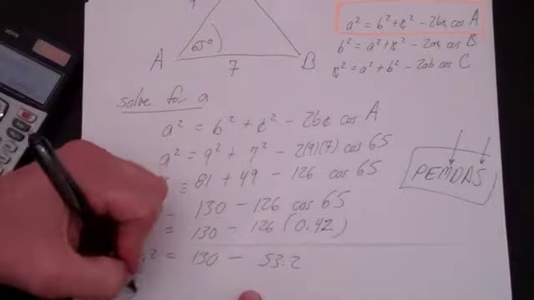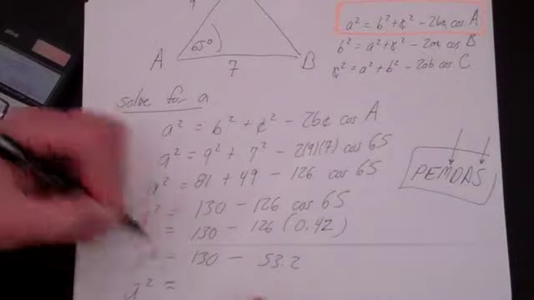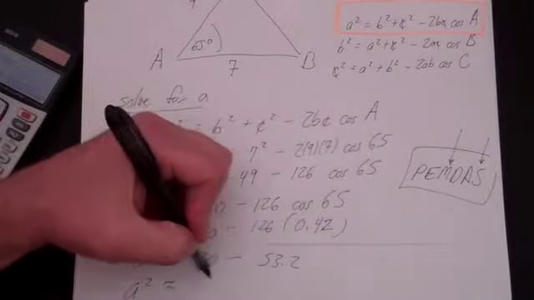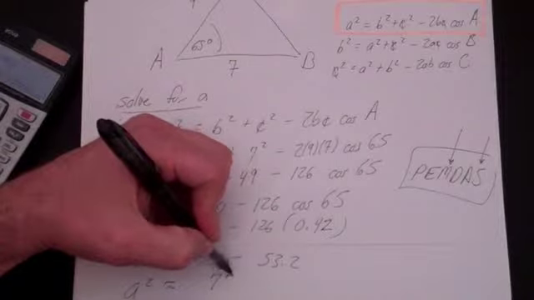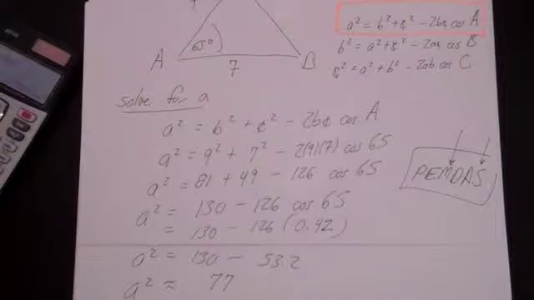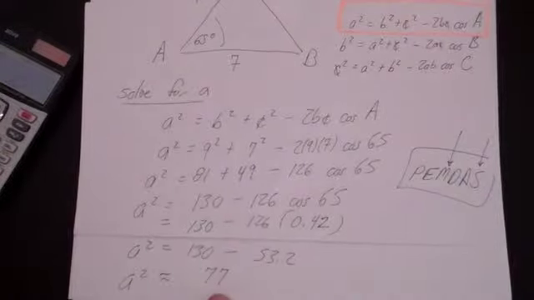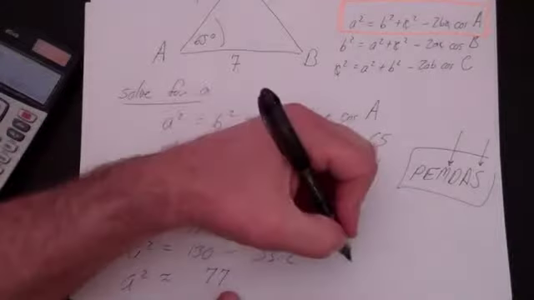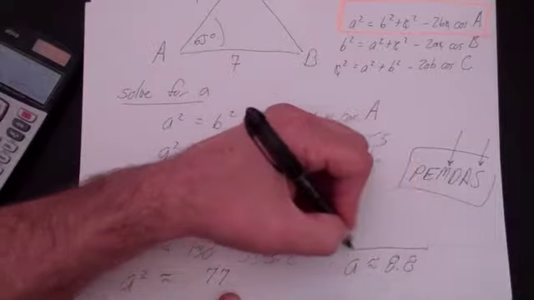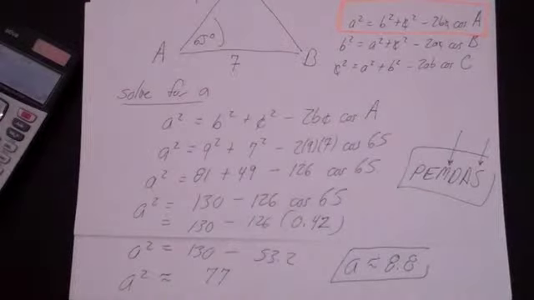I'm going to subtract that. I get a squared is equal to roughly 77. I take the square root of that. Now I'm actually leaving it on my calculator and rounding there, though I'm writing it down for effect. That's about 8.8. And that's how you solve for the side a.